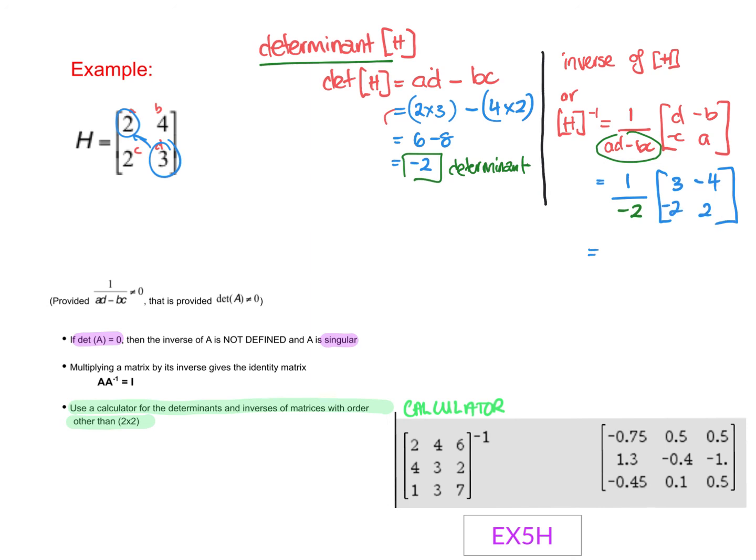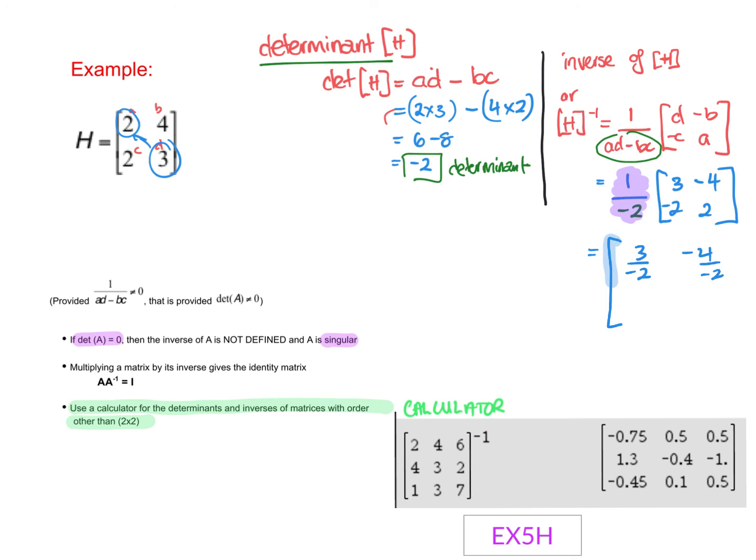Okay, what did we do when we had a scalar number out the front of a matrix? What happened? We times it, good. So I'm going to keep going, and I'm going to times all the numbers inside by negative 1/2. So it ends up being 3 over negative 2, negative 4 over negative 2.